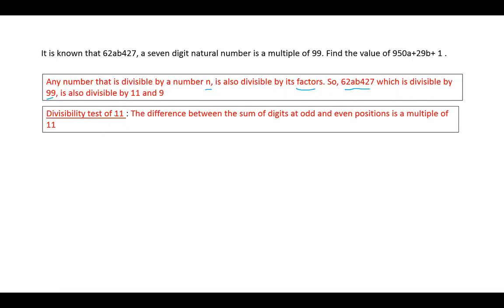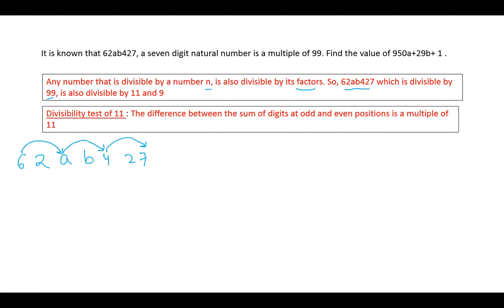The divisibility test of 11 says that the difference between the sum of digits at odd and even positions has to be a multiple of 11. Let's see this in action. Our number is 6, 2, A, B, 4, 2, 7. Now, what are the numbers at odd positions? 6 is at position 1, then you have A at 3, 4 at 5, and 7 at position 7.